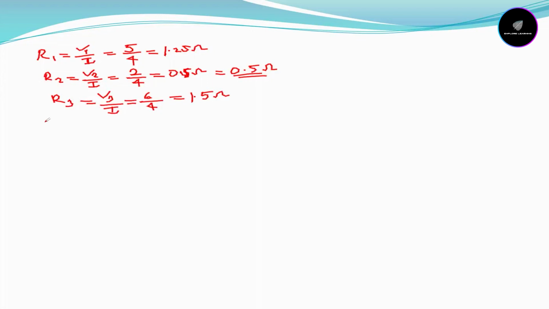Now for the total resistance, let's call it RT, equal to R1 plus R2 plus R3, which is equal to 1.25 plus 0.5 plus 1.5, and that will give 3.25 ohms. And this is equivalent to what we calculated before.